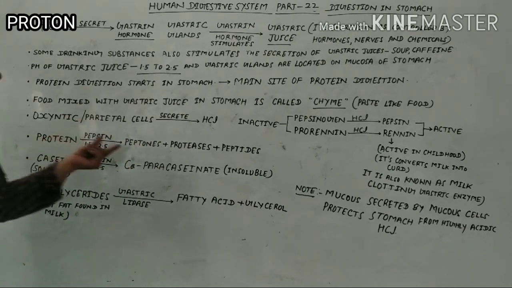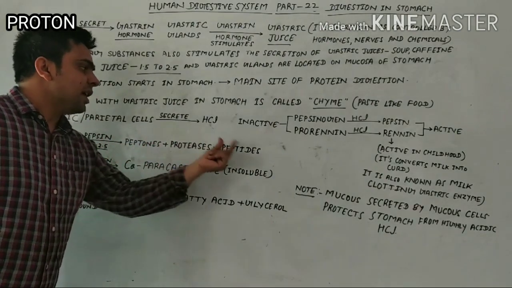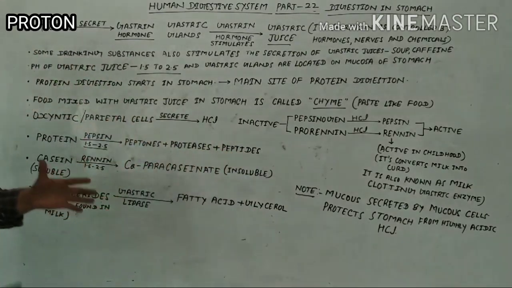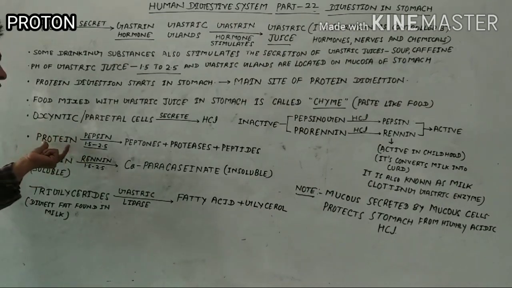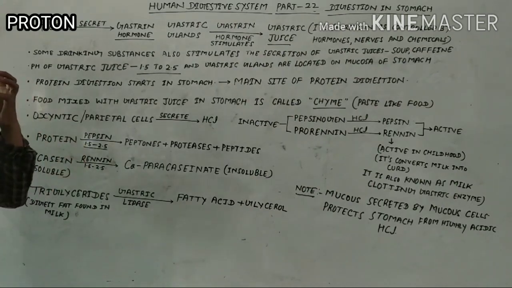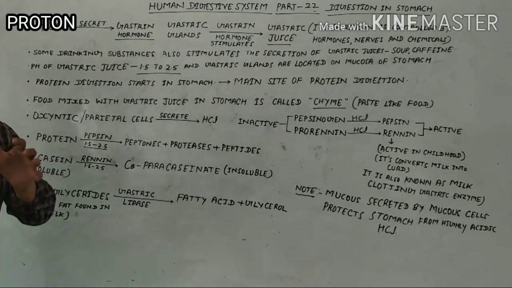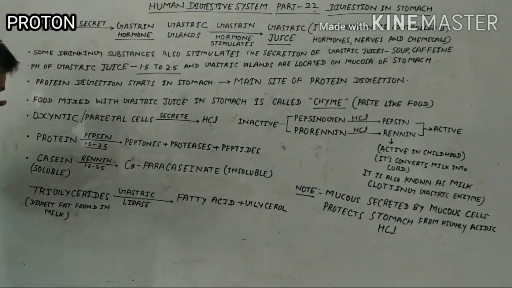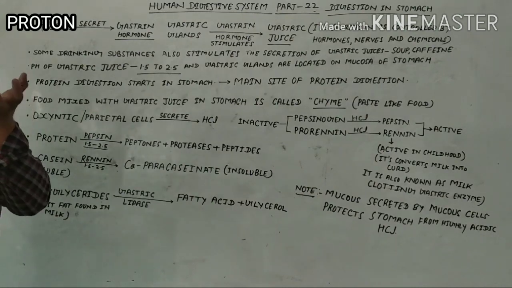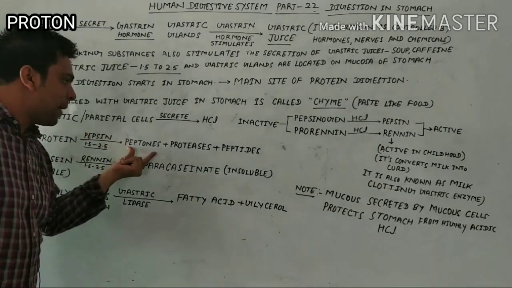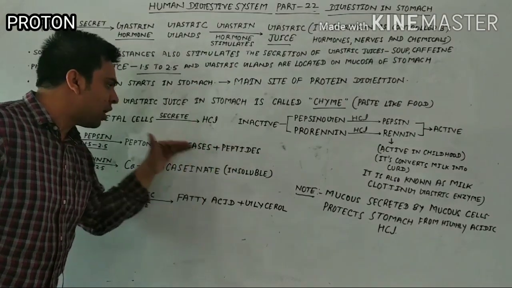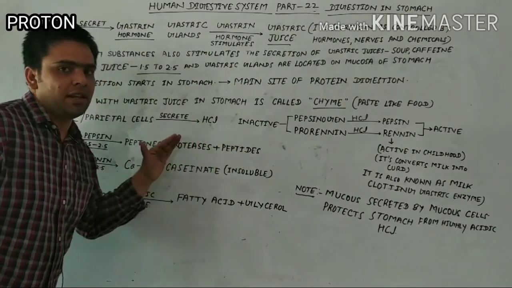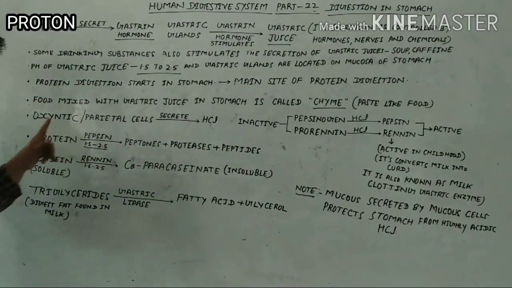These are known as peptones, proteases, and peptides. So when pepsin acts on protein, it converts this large molecule of protein into peptones, proteases, and peptides. This is the partially digested form of protein when pepsin first acts on protein.